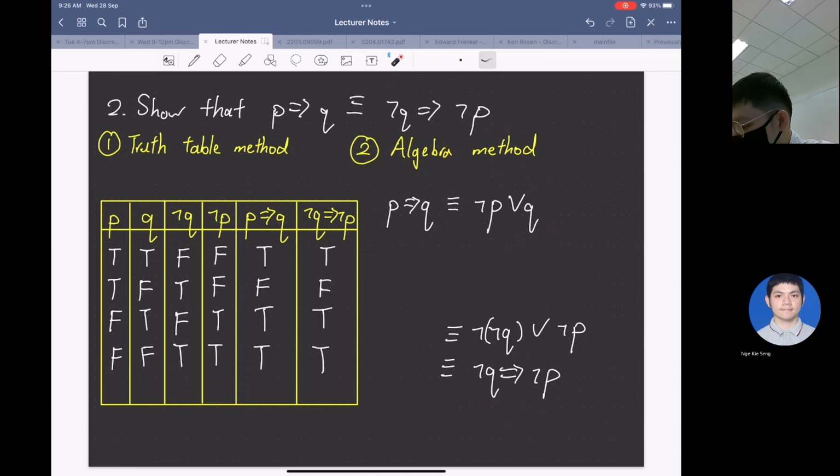Which one? You mean this one? Why is it not Q? Because the definition of P implies Q is not the first one or the second one. So I use the definition, not the first one or the second one. Everyone follows? Okay, so next, going backward, not Q, what do you get?